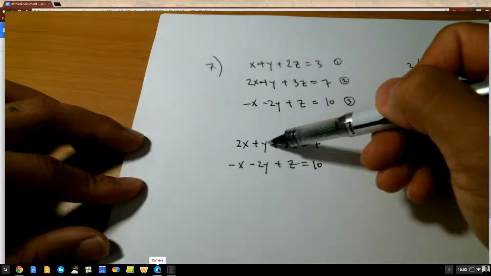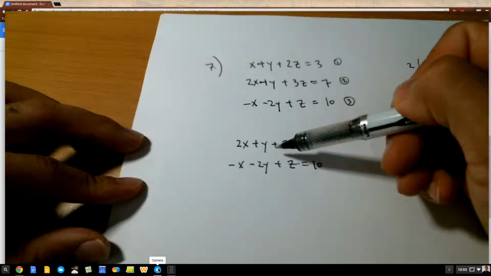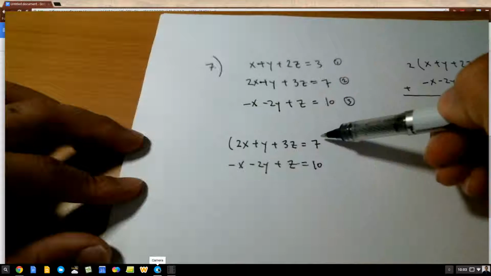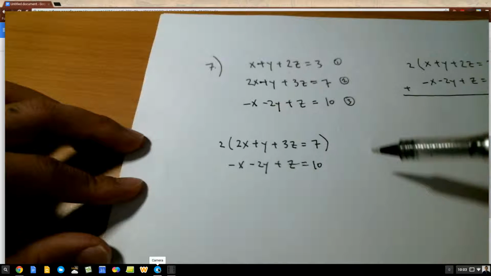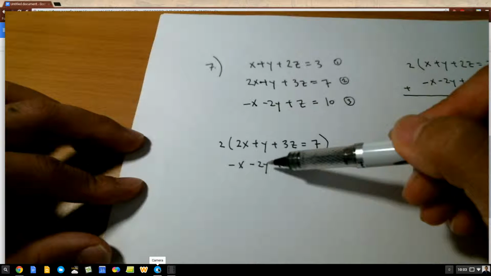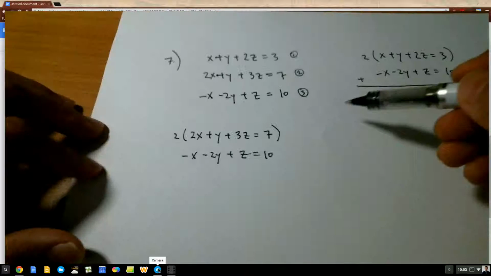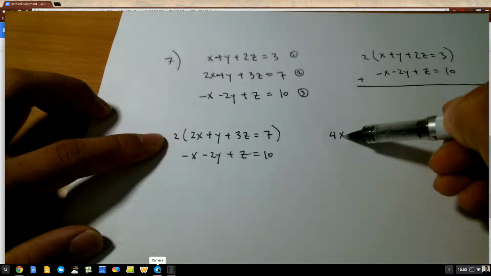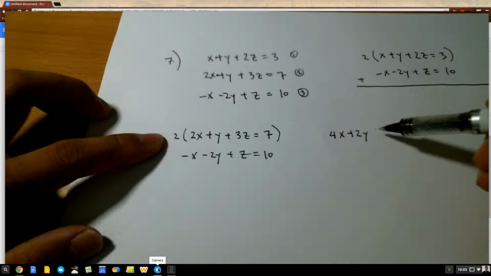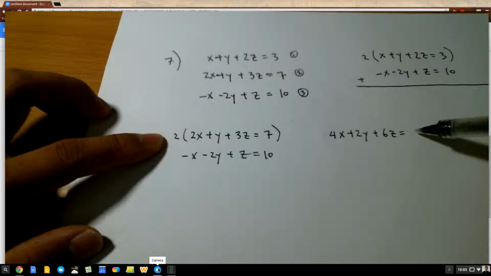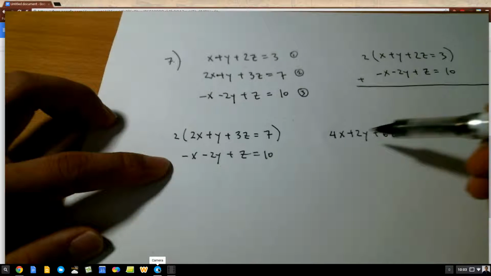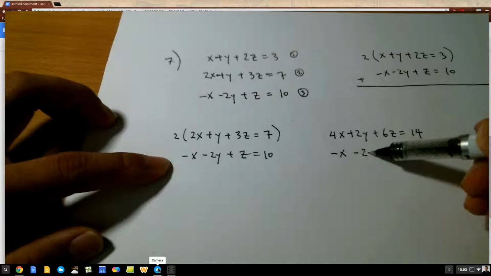And once again, I want to get rid of the y. How do I do that? Well, I have to multiply the top by 2 again, because that will make it 2y and the negative 2y, they cancel. So the top will then become 4x plus 2y plus 6z is equal to 14. And the bottom, I just simply rewrite it.